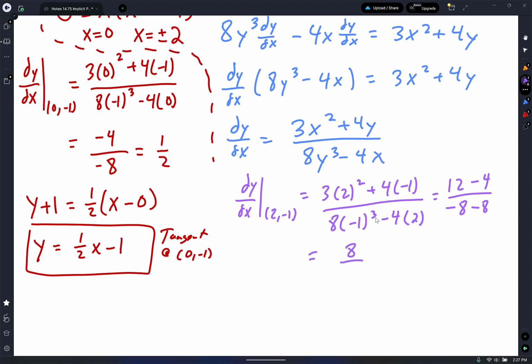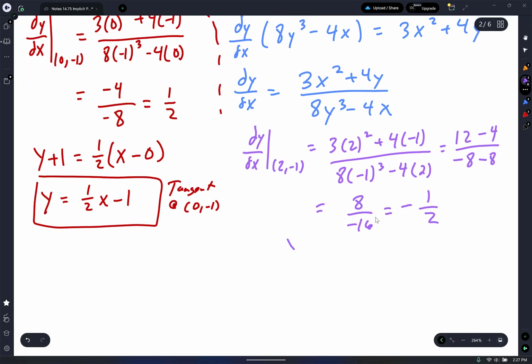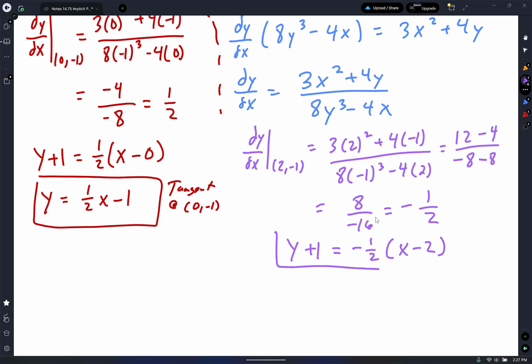I have 8 on the top, and I have negative 16 on the bottom, so I have a negative half. Here's my tangent line. I'm going to go y plus 1 equals negative half, parenthesis, x minus 2, and I'm going to leave it alone. I don't feel like solving for y equals slope-intercept form. Are we okay there?